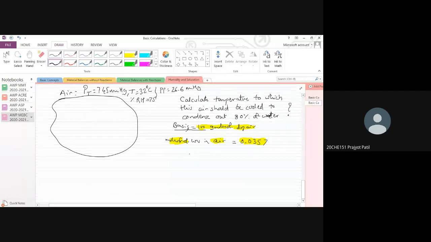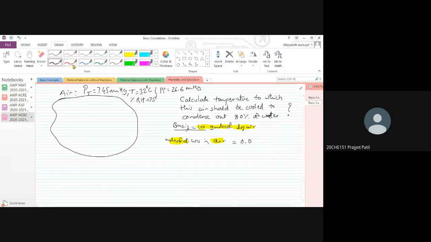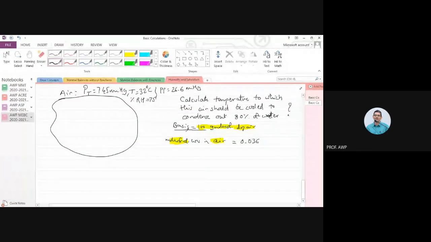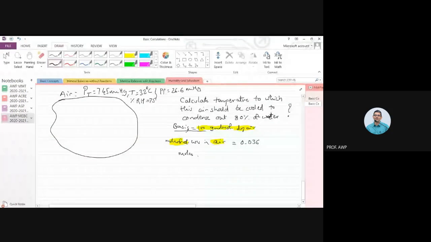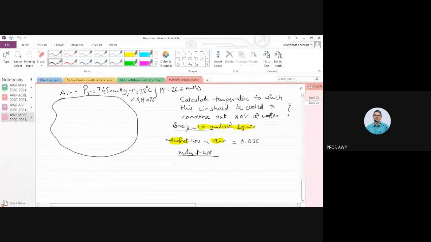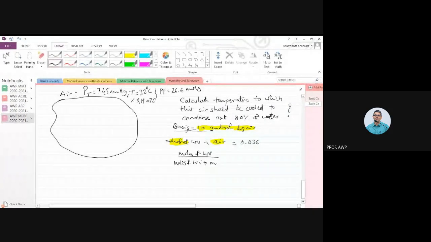0.036 is equal to moles of water vapor divided by moles of water vapor plus moles of dry air. Very nice. So you are saying the mole fraction of water vapor in the air is 0.036.